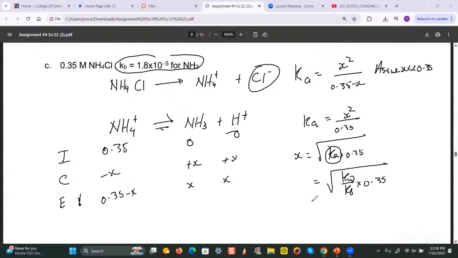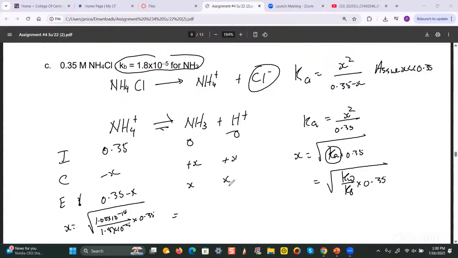So when we put those numbers in, let me do this over here. X will work out to be equal to the square root of 1.00 times 10 to the minus 14 divided by Kb, which is 1.8 times 10 to the minus 5, multiplied by 0.35, and then we work that out. I find the square root.